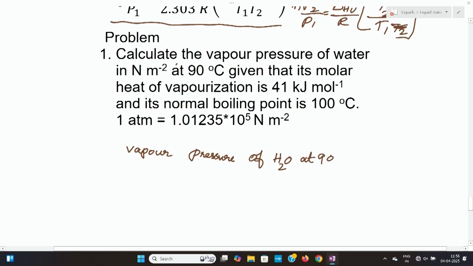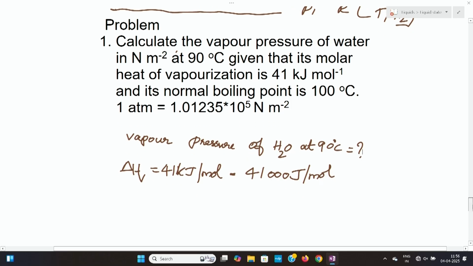The given things are heat of vaporization, 41 kilojoule per mole, that for calculation we are converting to joule per mole.